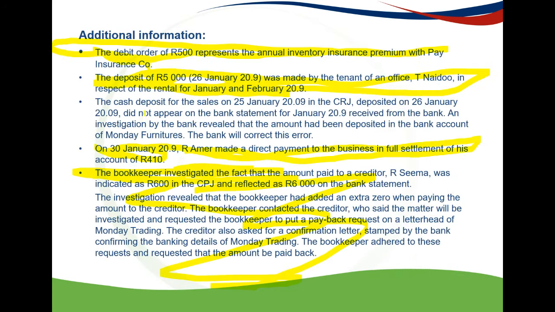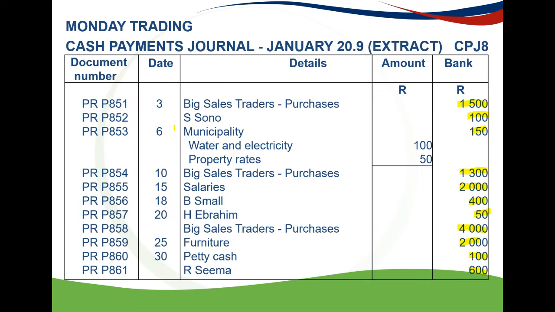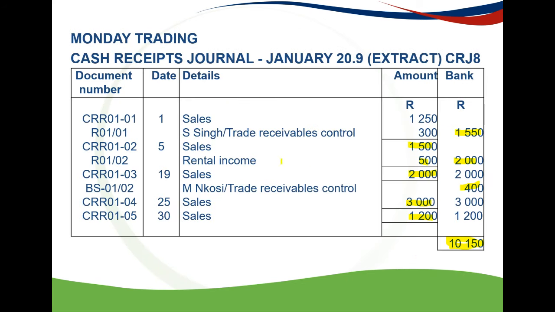Because they said here the cash deposit for the sales on 25 January in the CRJ, deposited on 26 January, did not appear. So this is the sales here, the 1,200.